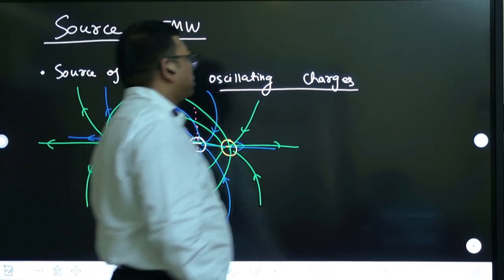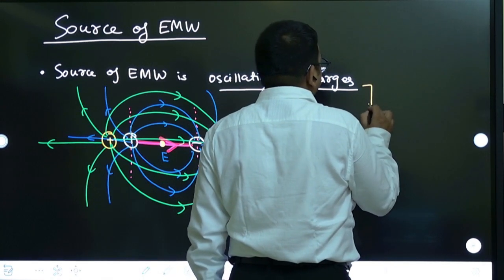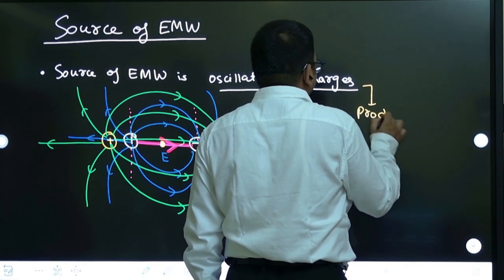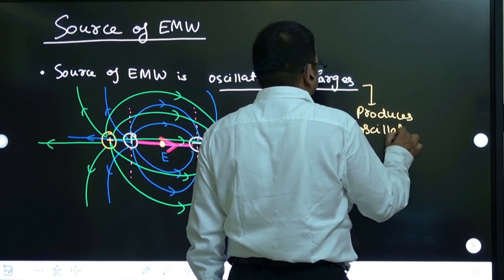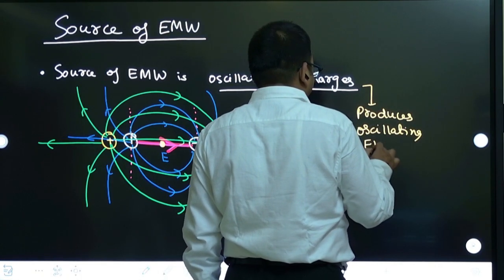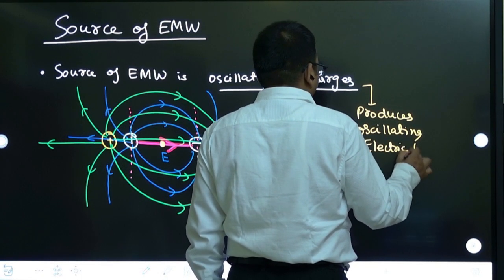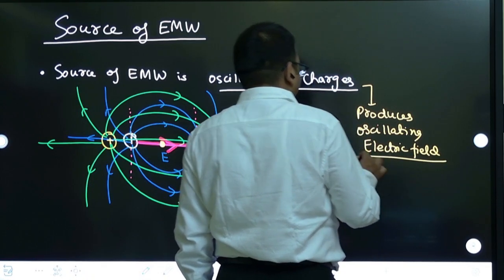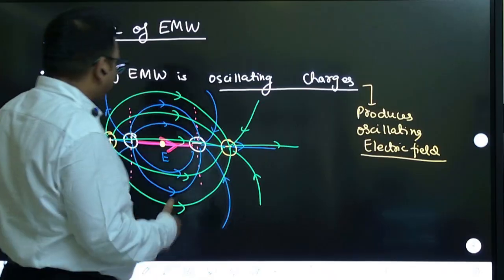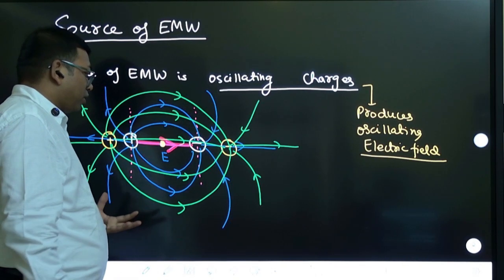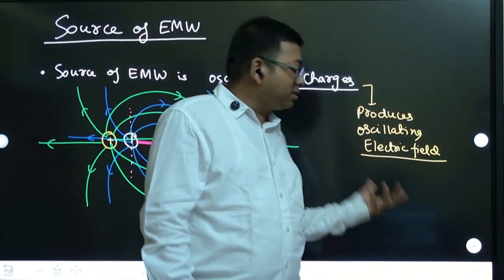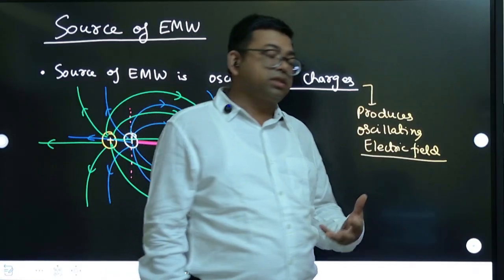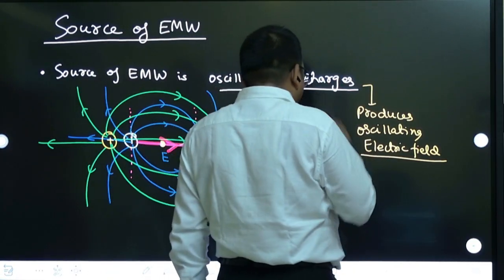So oscillating charges produce oscillating electric field. Now, as soon as this oscillating electric field is produced, it will produce a changing magnetic field, because an oscillating electric field means the electric field is changing.